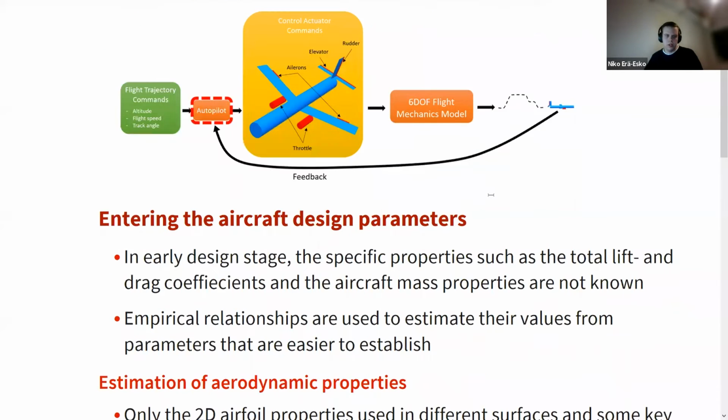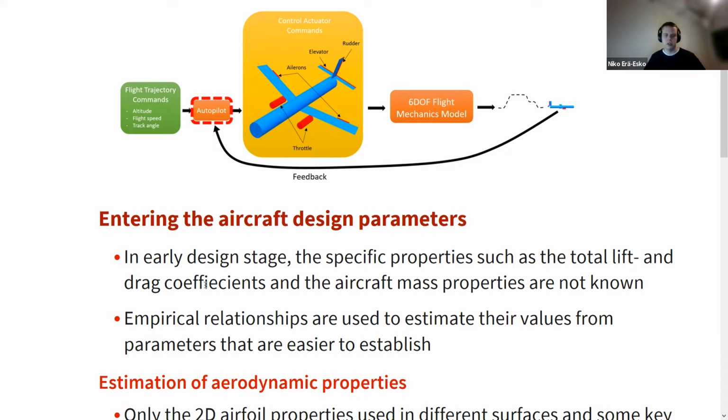Then, when it comes to entering the parameters of the aircraft into the library, like I said earlier, in the early aircraft conceptual design stage, a lot of the variables are still unknown. Most importantly, the total lift and drag coefficients, and the aircraft mass, center of gravity, and moments of inertia.